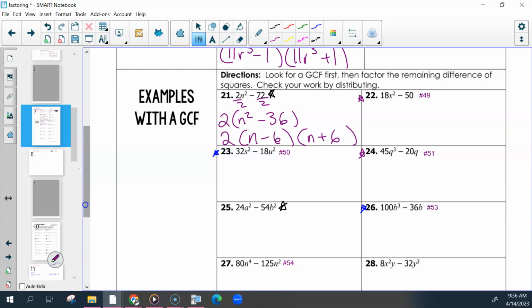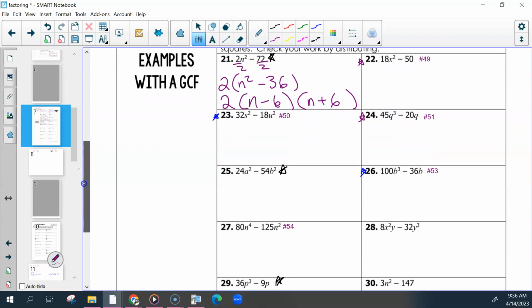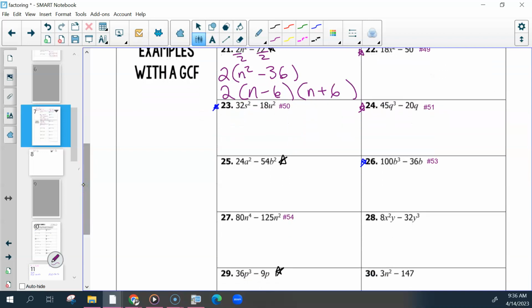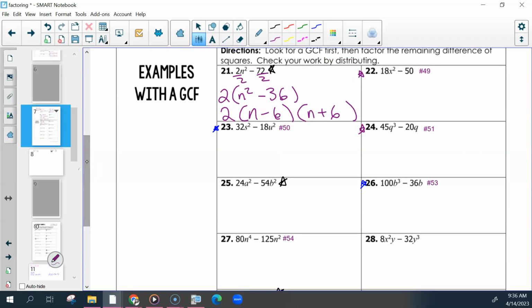Questions on that? We'll do a couple more of these and then you'll have time to practice. Let's do 24. So highest number we can divide out of both. And then, can we take out any variables?